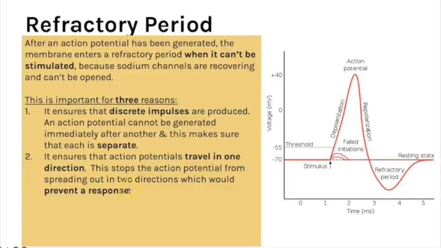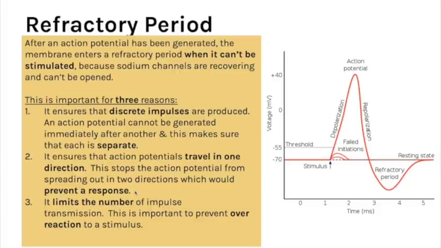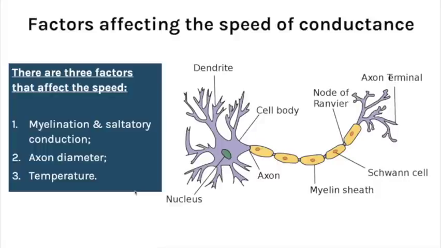So it stops the action potential from spreading out in both directions, which would actually result in the impulse not travelling along. It limits the number of impulses as well, and this is important to prevent you overreacting to a particular stimulus or over-responding.